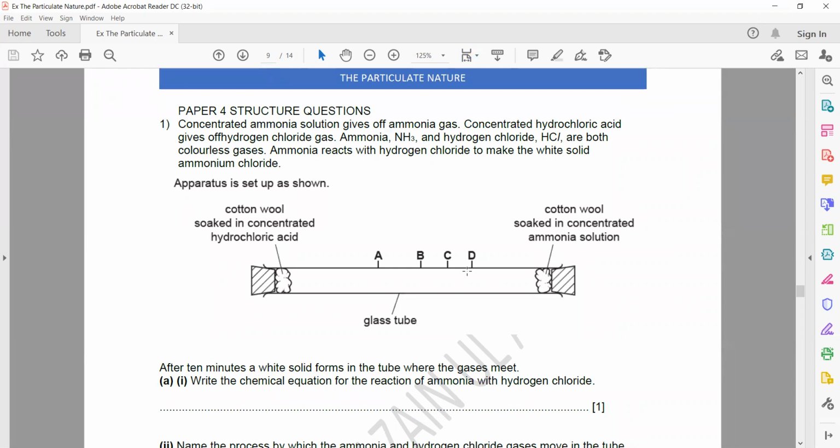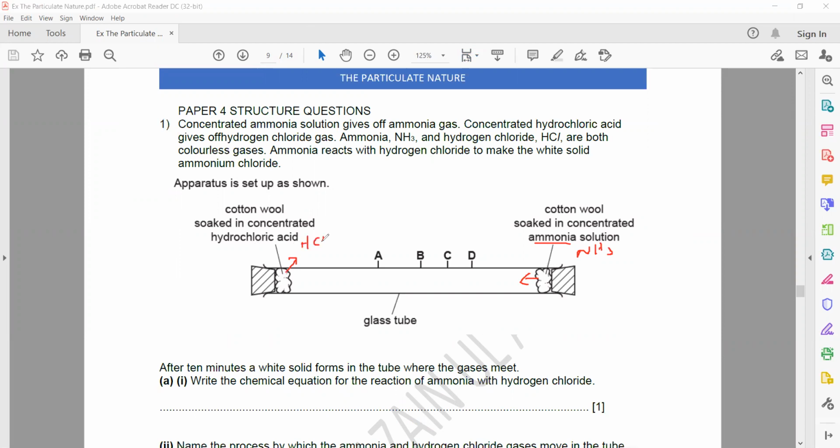Okay, the structure question. The concentrated ammonia solution gives off ammonia. So there's a concentrated ammonia solution, it is giving out ammonia, NH3, and there's a concentrated hydrochloric acid which is giving hydrogen chloride.